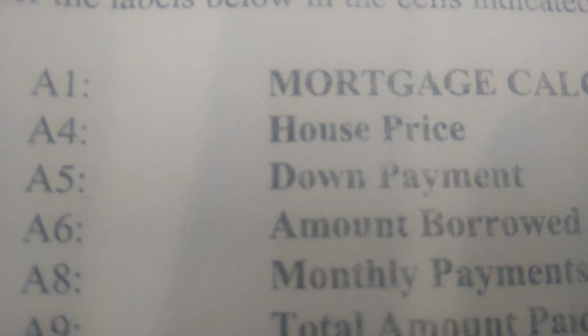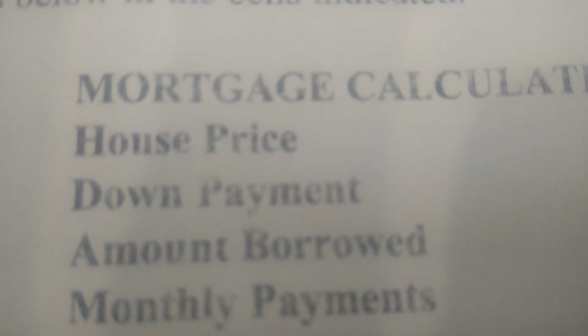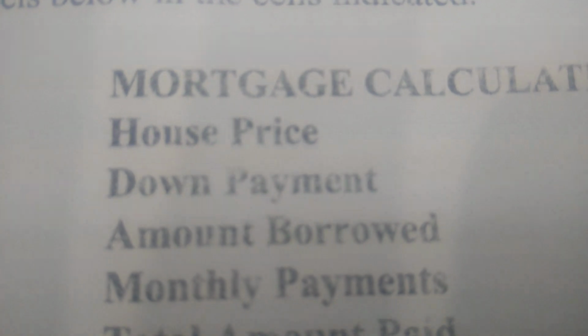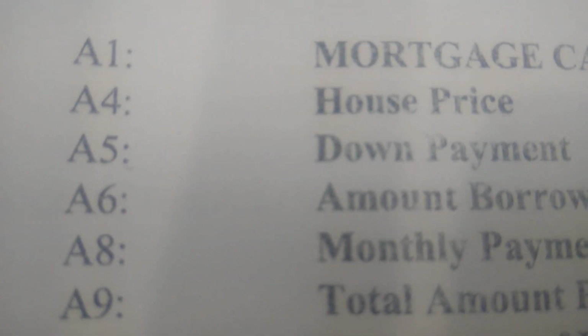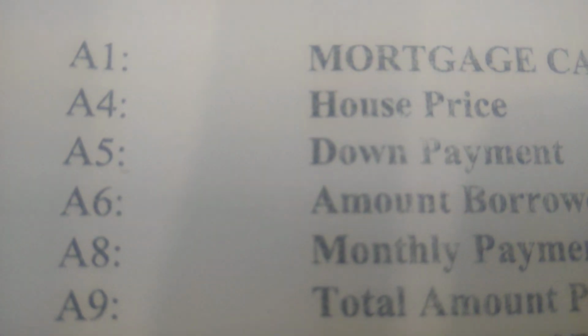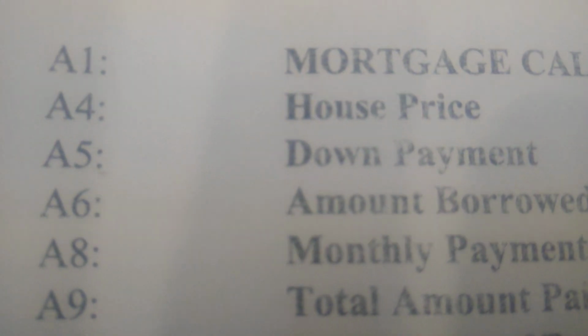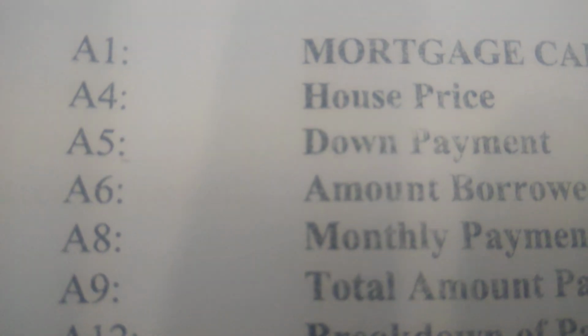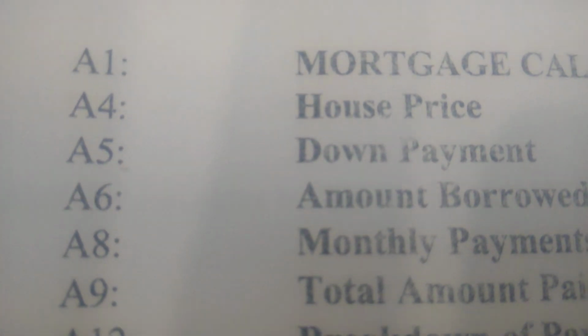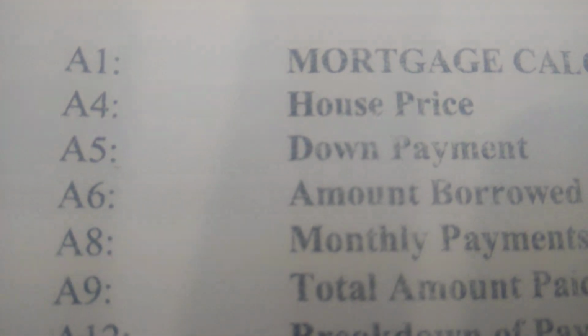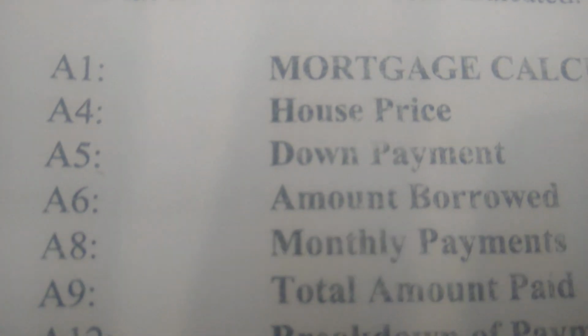A5 will have the label down payment. It's pretty much obvious for all of you. This is the exercise which I am displaying in front of you, because rather than teaching other things, this is the best way to teach through practice. And I hope you all are going to learn a lot from this video.